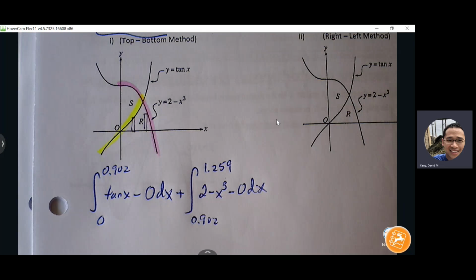Okay, into our calculator it goes. You guys get 0.729.